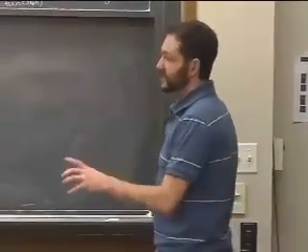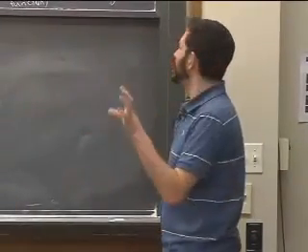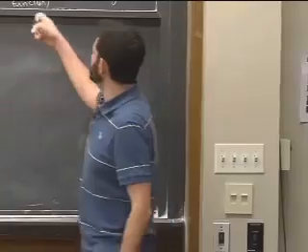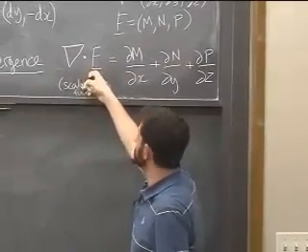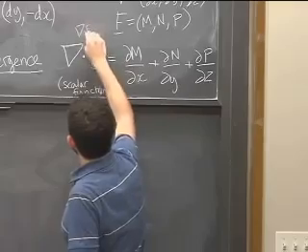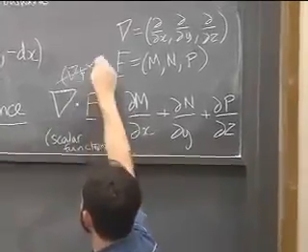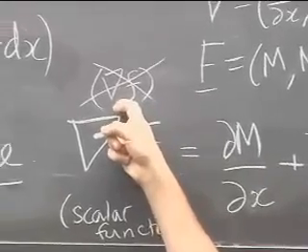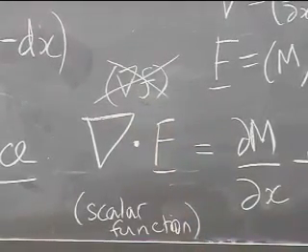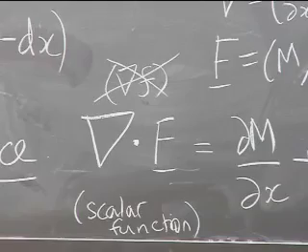But it's not the same thing as del f or grad f, which doesn't even make sense unless f is actually a scalar. So I just want to contrast with not that. You're not hitting a scalar function, you're hitting a vector field with this operator. And actually, it's sort of weird.